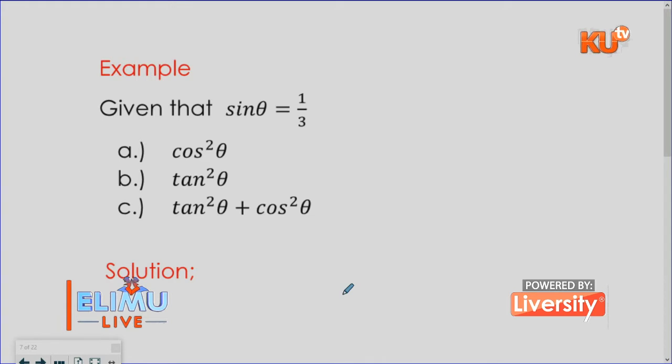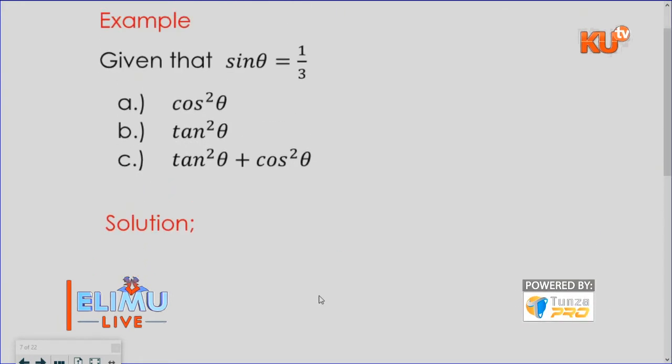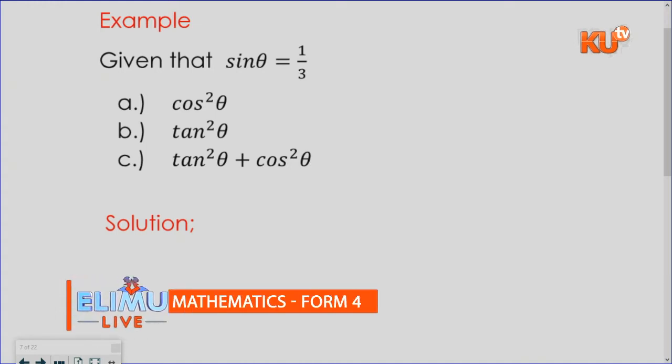So I hope, learner, you are writing somewhere, because these are very important concepts that you need to have. And I can assure you, you'll get one question from this particular area in your forthcoming KCSE. So let's have the solution to this example.